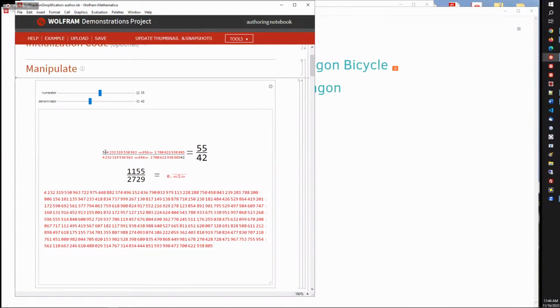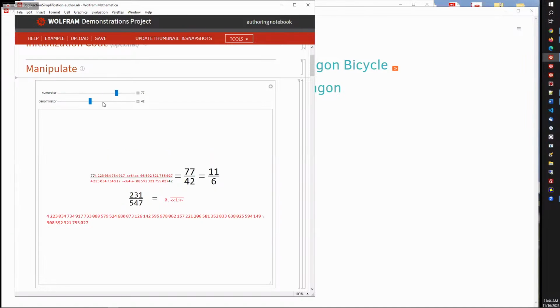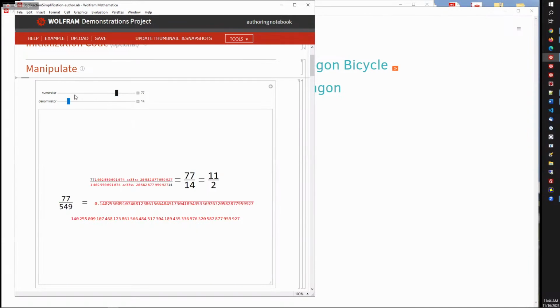And it turns out that 55 blah over blah 42, if you cross those out, does equal 55 over 42. Some of these numbers are just use those, though. 77 over 14, you can get this number here.